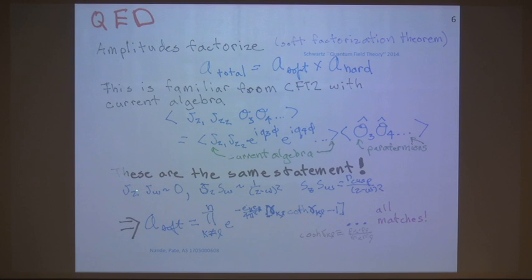Now, you might wonder how this simple current algebra, which involves 1 over z minus w, turns into this very complicated formula for the soft piece that was derived after a decade of work in QED, which involves Cauchys and inverse hyperbolic tangents of quotients of products of momenta and so on and so forth.